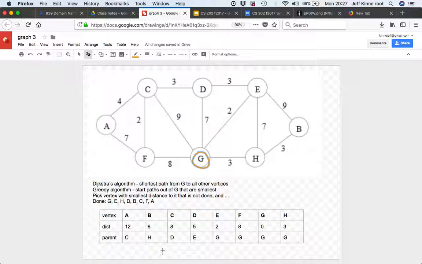That's where we started, and for each of these vertices we have where it came from.